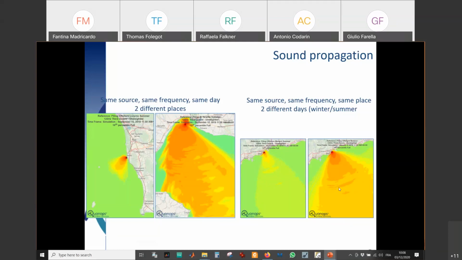And that's because the only thing that has changed here is the oceanography, the temperature and the salinity. So propagation is a key element when dealing with underwater sound.